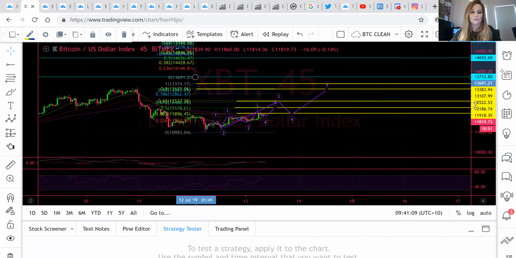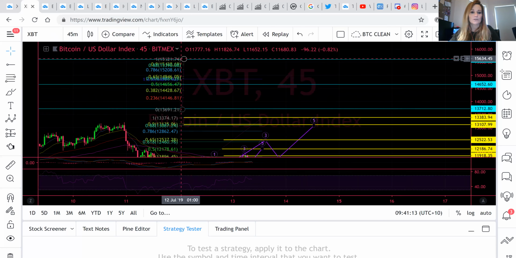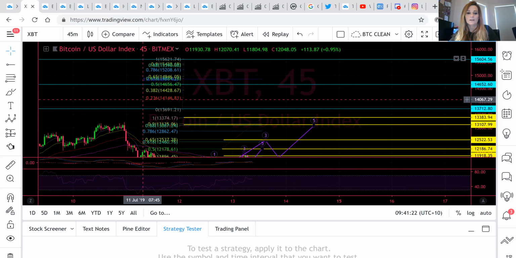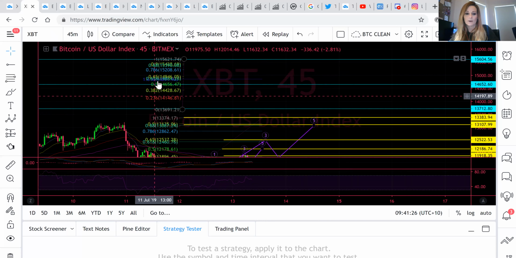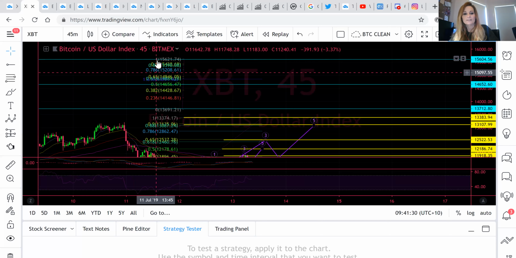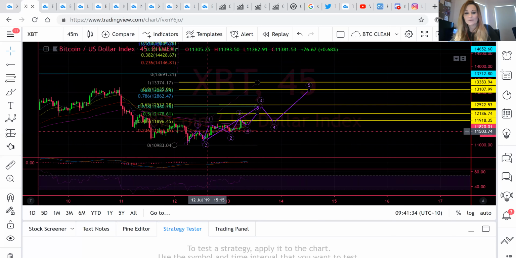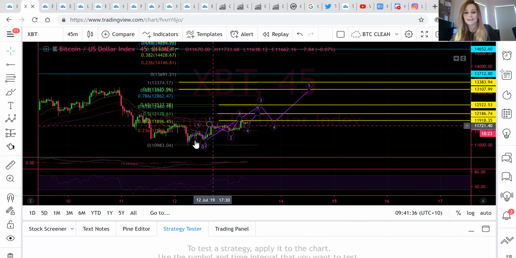So we will put the fib at the 0.1, and then we'll put it to the 1.618, and that will give us internal waves for that last wave. So it'll be the 236 as the wave 1 within that last wave, 0.5 to 618, and then obviously the last wave the same as this wave. So that's how I get the targets.